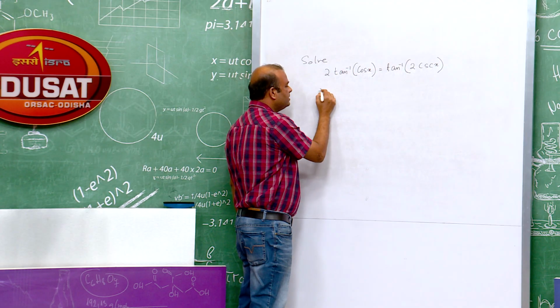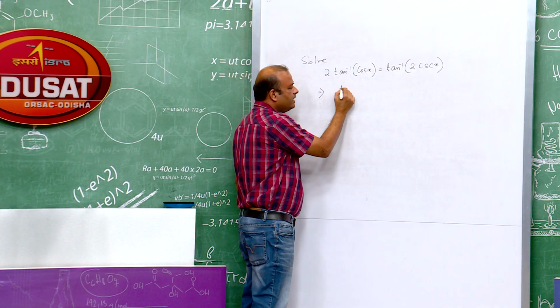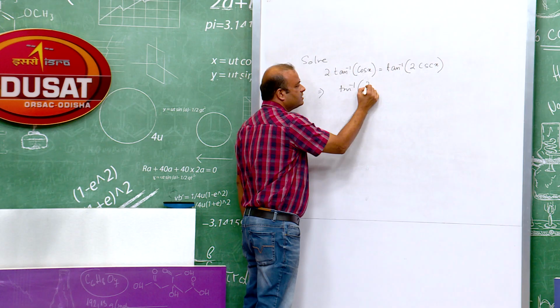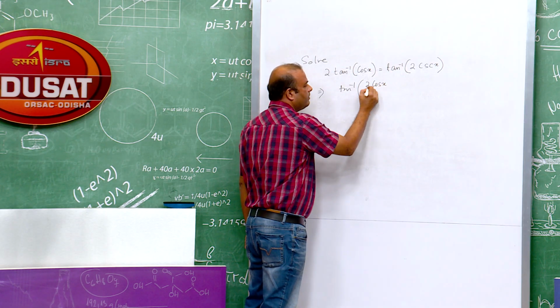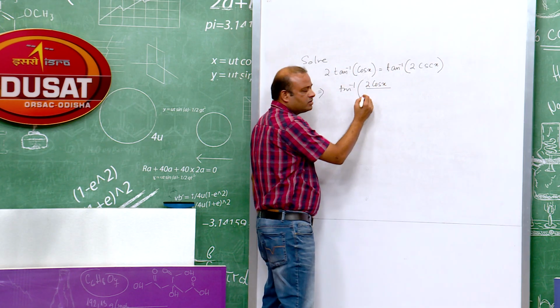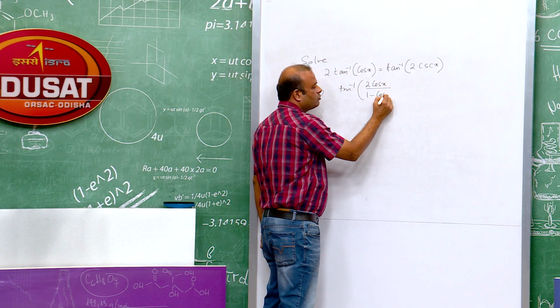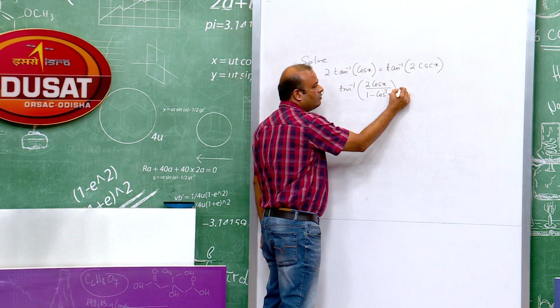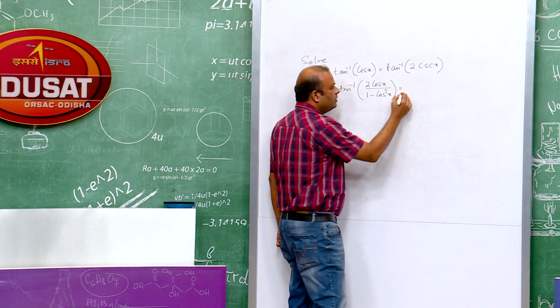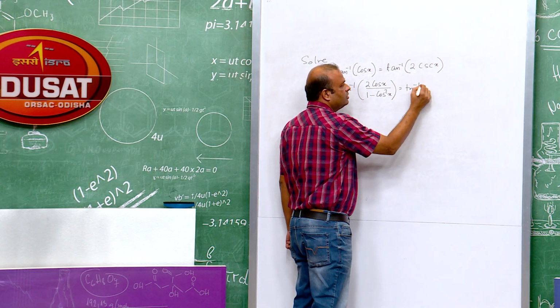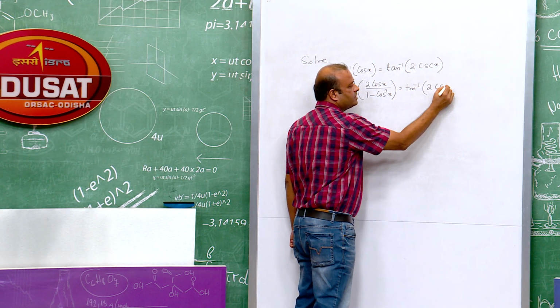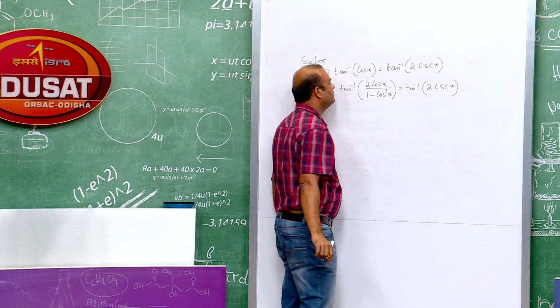So the formula is tan inverse of 2x by 1 minus x square, that is 2 cos x by 1 minus cos square x, is equal to, so here tan inverse 2 cosec x, right?